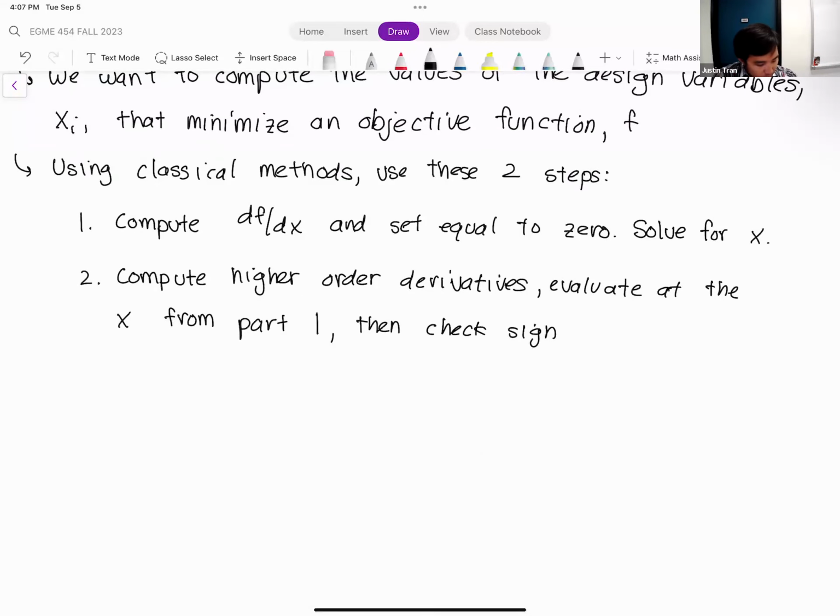Okay, let's do another example, just so you can see all this in action. This one's a little more complicated than the example we ended with last Thursday.